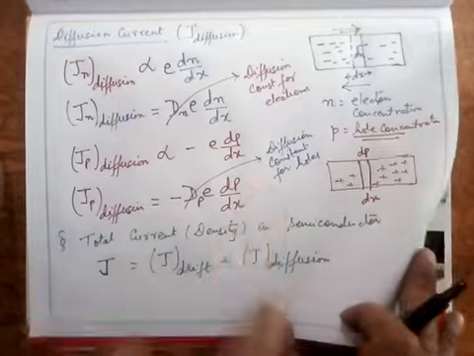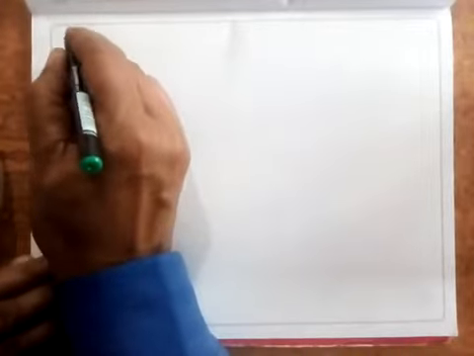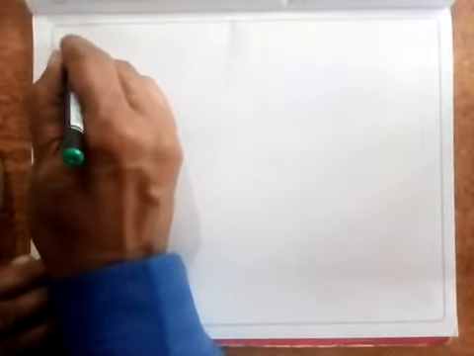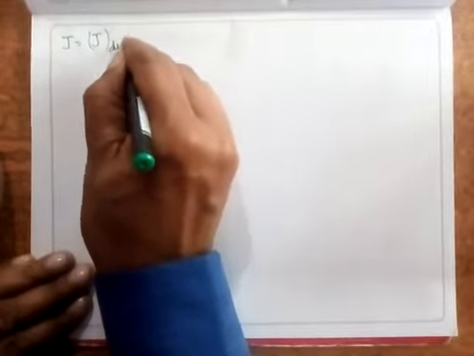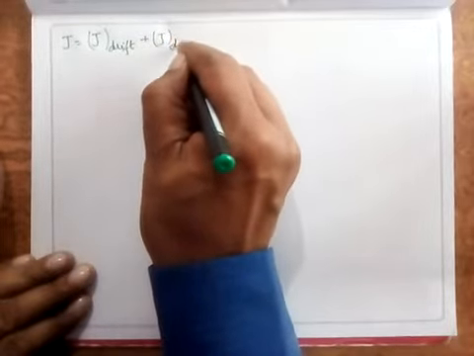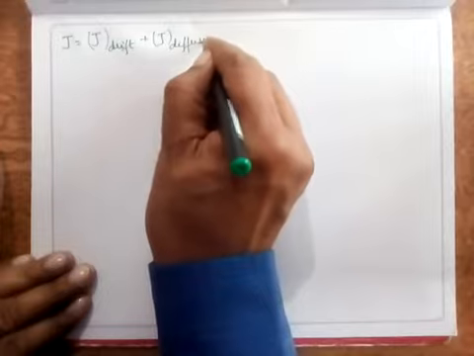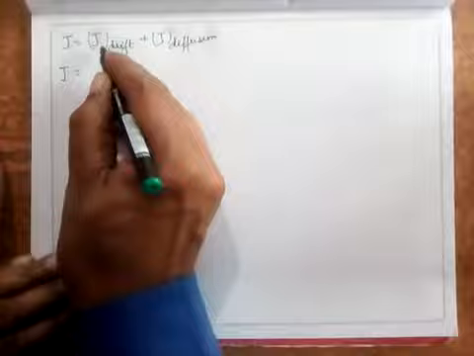Now what is the drift current and diffusion current? Let's see. I am rewriting this, that the total current density J is equal to J drift plus J diffusion. Again, the drift current is due to electrons as well as due to holes.